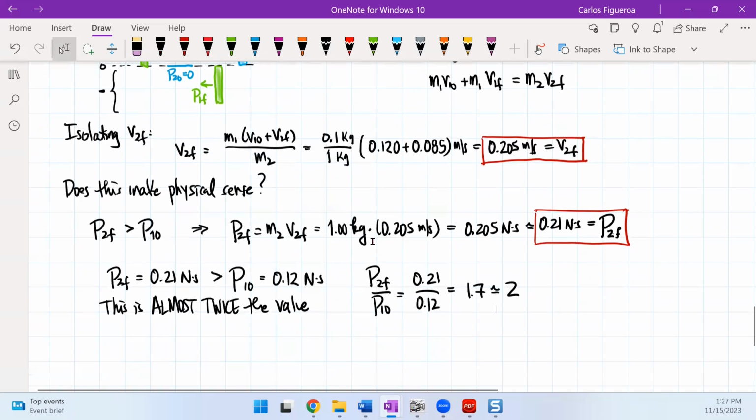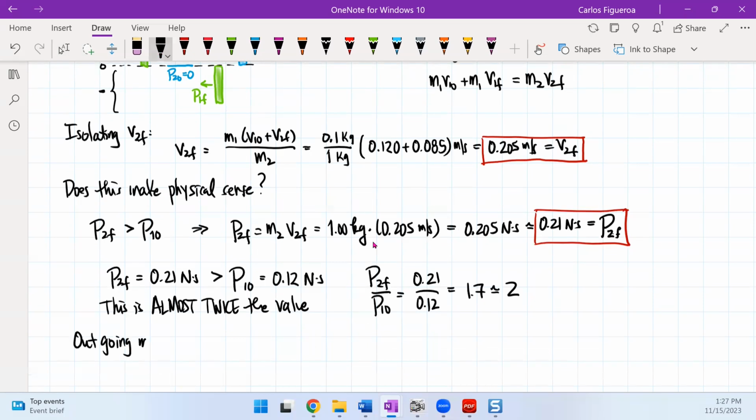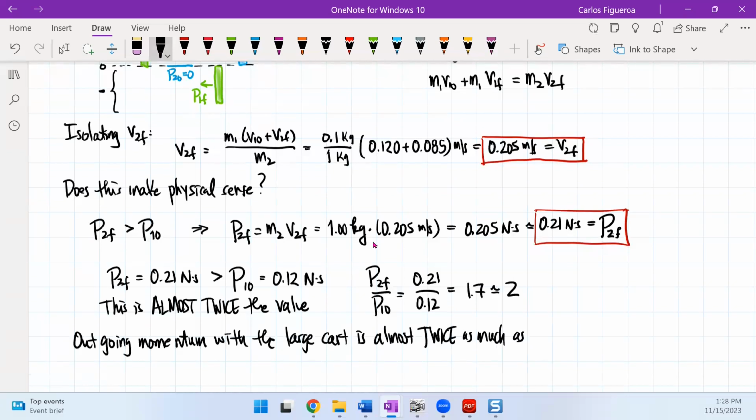So that means that the outgoing momentum with the large cart is almost twice as much as what came in. So it's agreeing with what we're talking about. The lion's share of the momentum stays with the system going to the right.